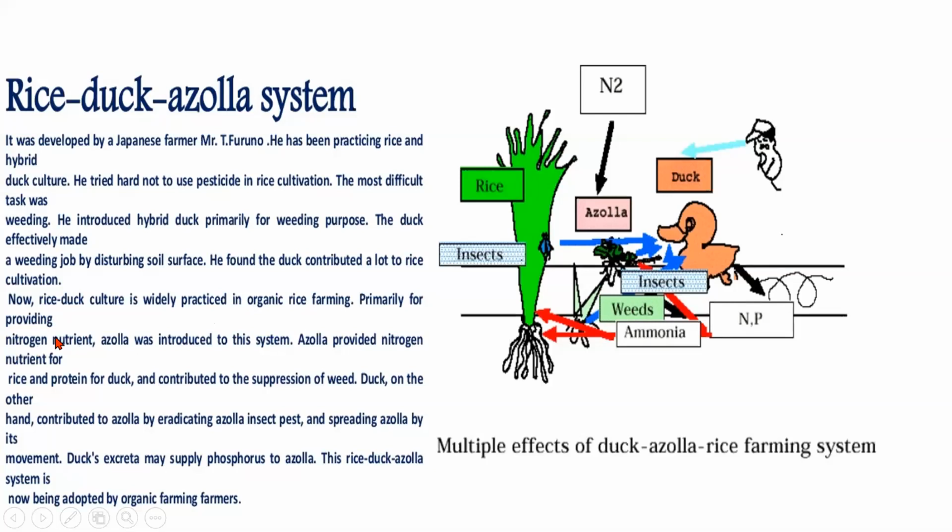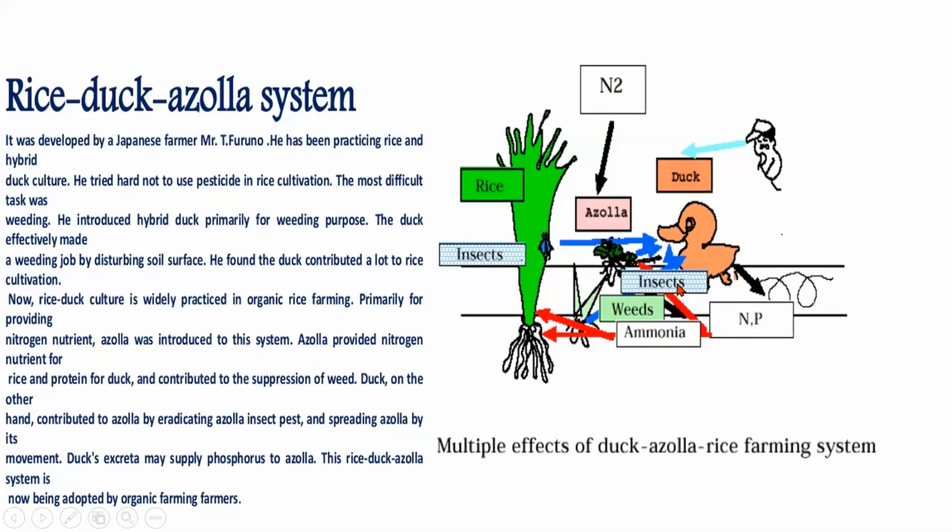Only for nitrogen, azolla is introduced into the system, and azolla provides nitrogen for rice as well as for the duck, and contributes to the suppression of weeds. The duck, on the other hand, contributes to azolla by eradicating azolla insect pests.